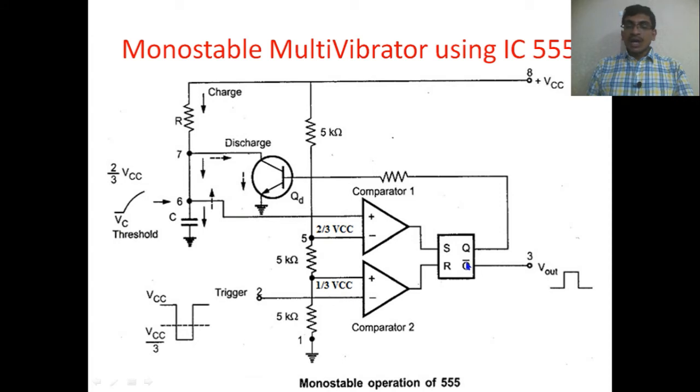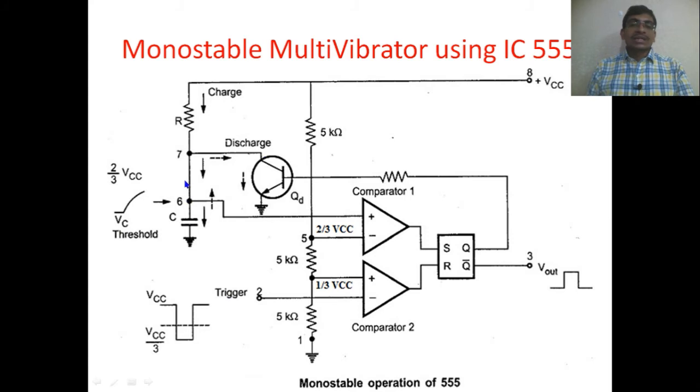If Q bar is equal to 0, in the sense Q is equal to 1, definitely. This Q equal to 1 is directly given to the base of the discharge transistor, therefore it will be in the on state. So if there is any voltage stored in this capacitor, it can be discharged this way.